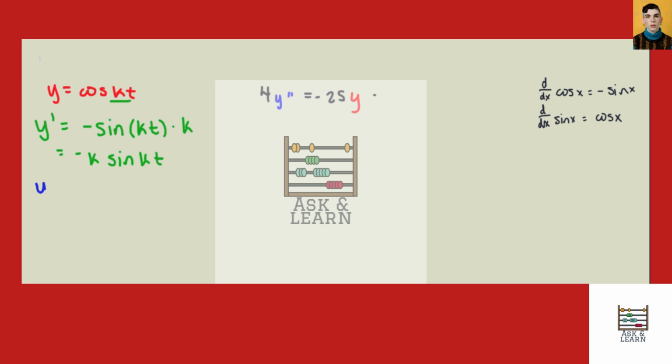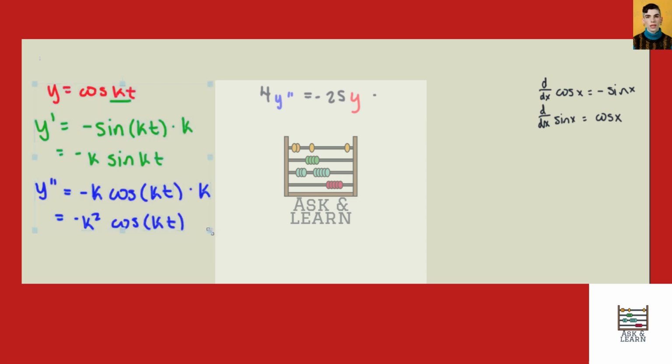Now we need to find our y double prime equation, and remember that k is a constant, so we're still using chain rule, not product rule. So we take the derivative of the outside, so that's going to be negative k cosine, leave the inside the same, and times the derivative of the inside. So we simplify this into that.